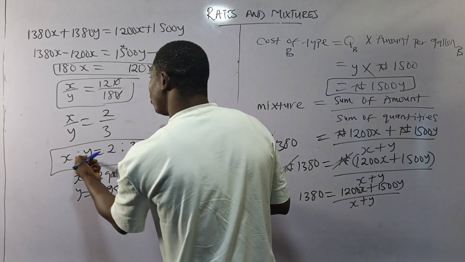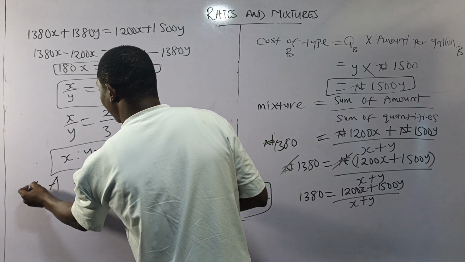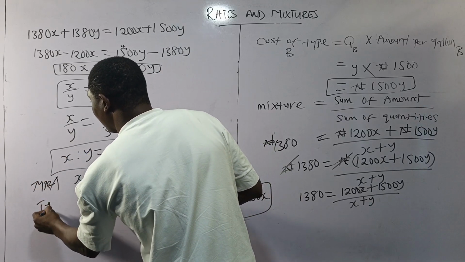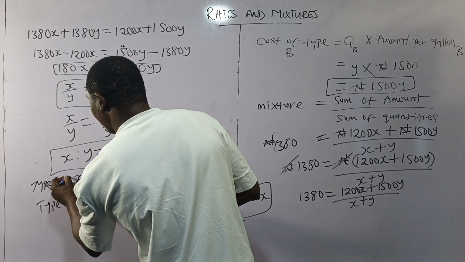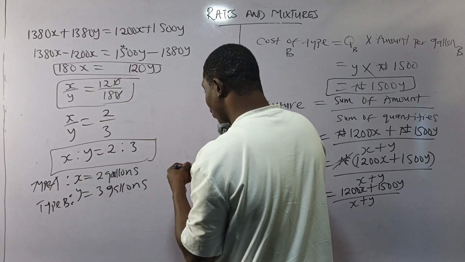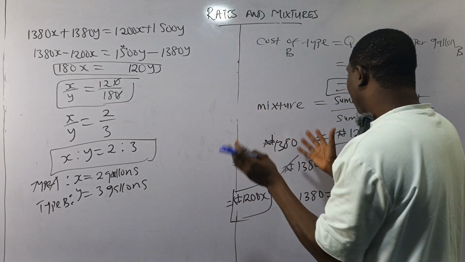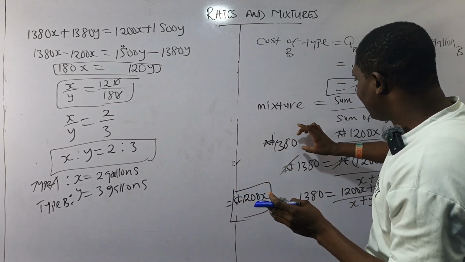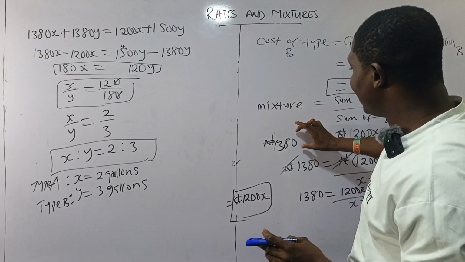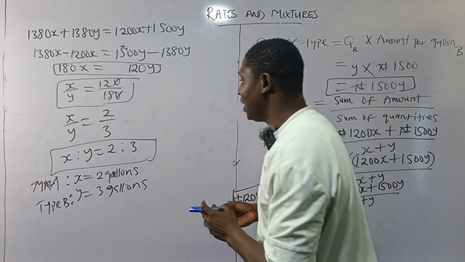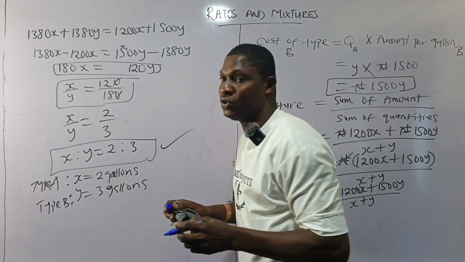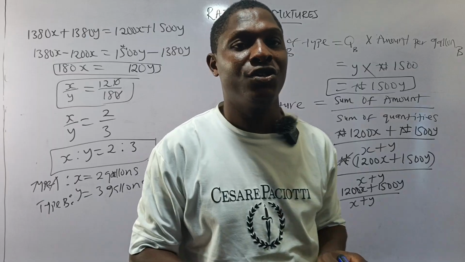So when 2 gallons of type A is mixed with 3 gallons of type B, the mixture can be sold at 1,380 naira per gallon. So these are solutions to the question asked. Thank you.